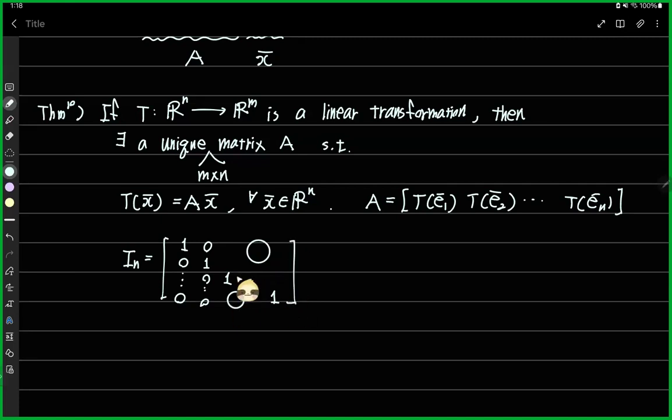Simply, this is a diagonal matrix whose diagonal entries are 1. So each column is a standard basis vector: E1, E2, E3, through En.